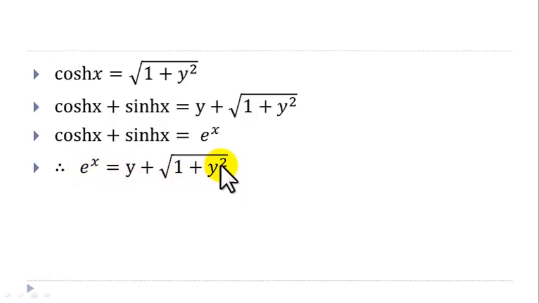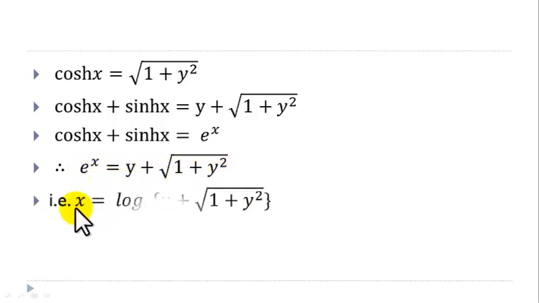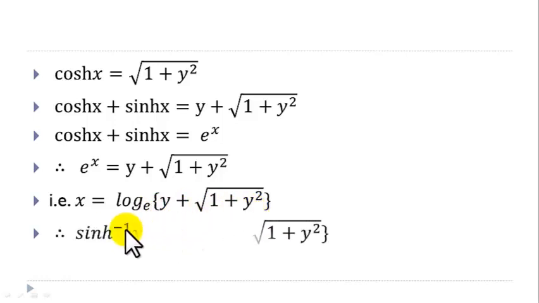Now, taking the natural log of both sides of this equation, we have x is equal to the natural log of y plus the square root of 1 plus y squared. So therefore, x, which is equal to arcsinh y, is equal to the natural log of y plus the square root of 1 plus y squared.